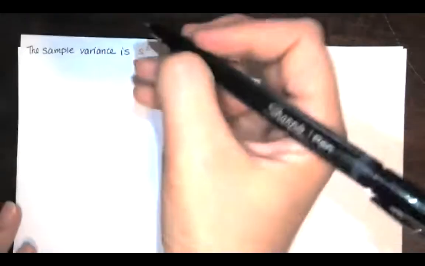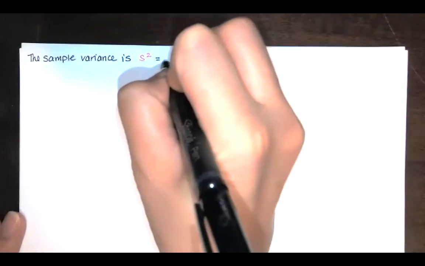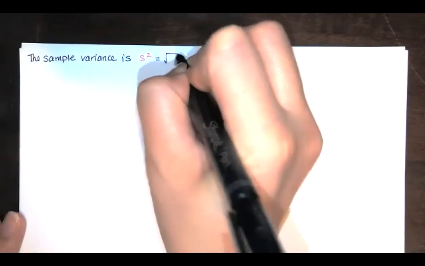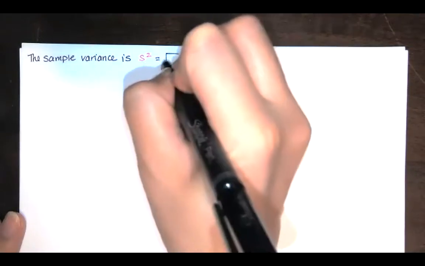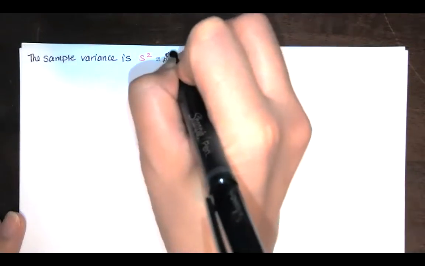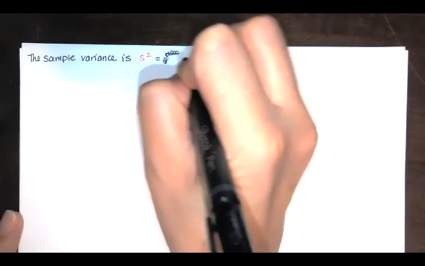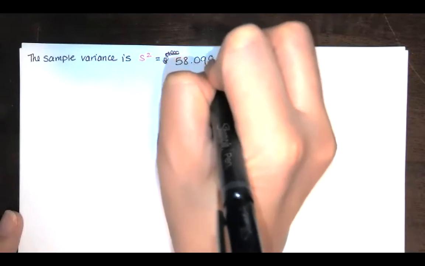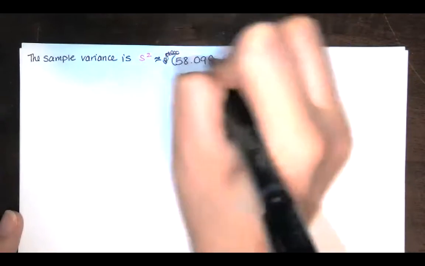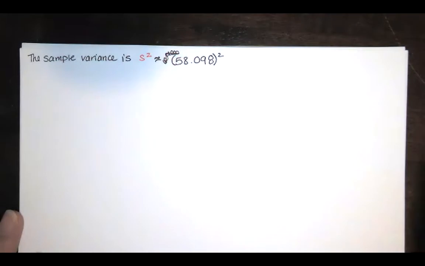So we have the square root, oops. I actually don't need the square root here. We're just going to take the sample standard deviation, which is approximately 58.098, and then we're going to square it.